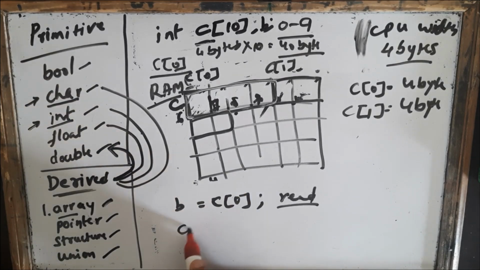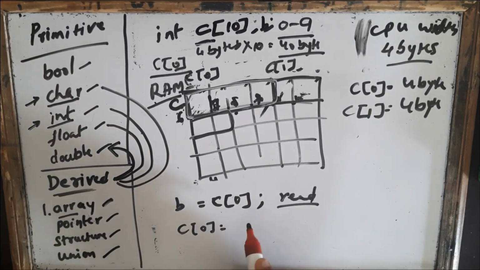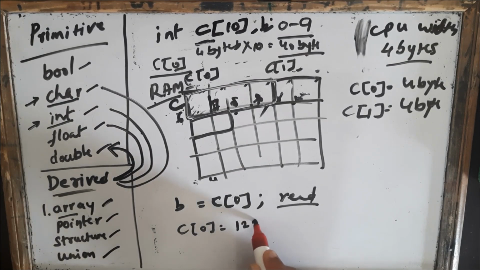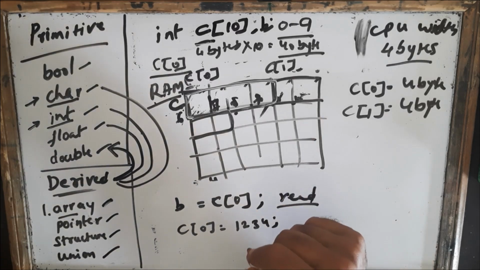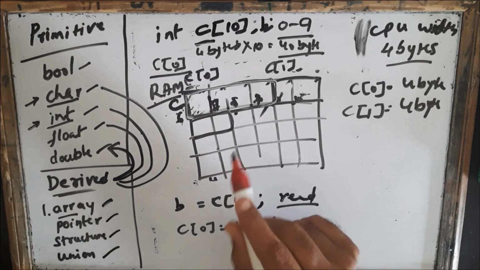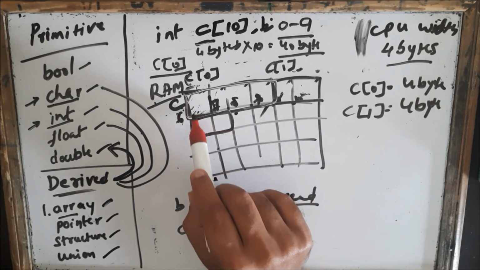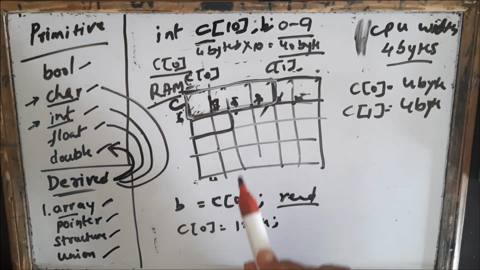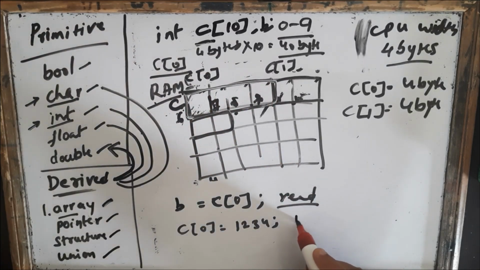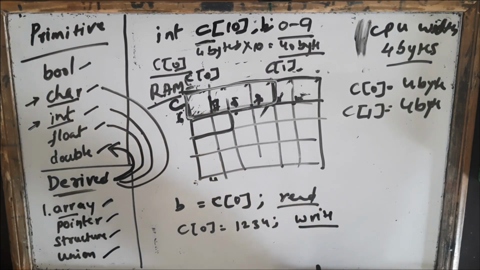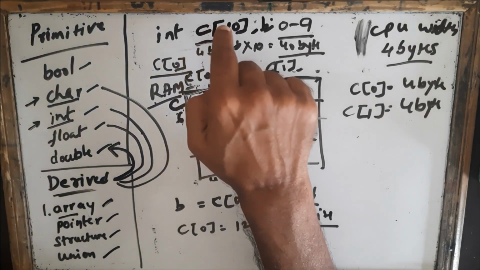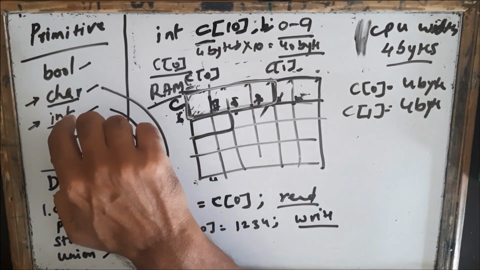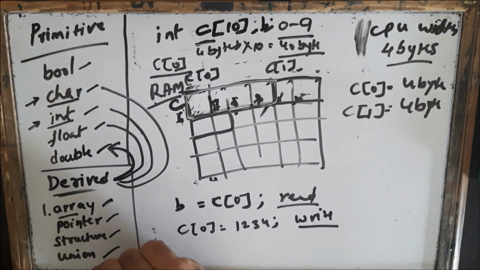And for the write operation, C of 0 is equal to 1, 2, 3, 4. This 1234 will be stored into C of 0, that is the address. This 4 bytes will be stored with 1234. This is the write operation. So that is how the integer array will work. This is the array derived from integer.